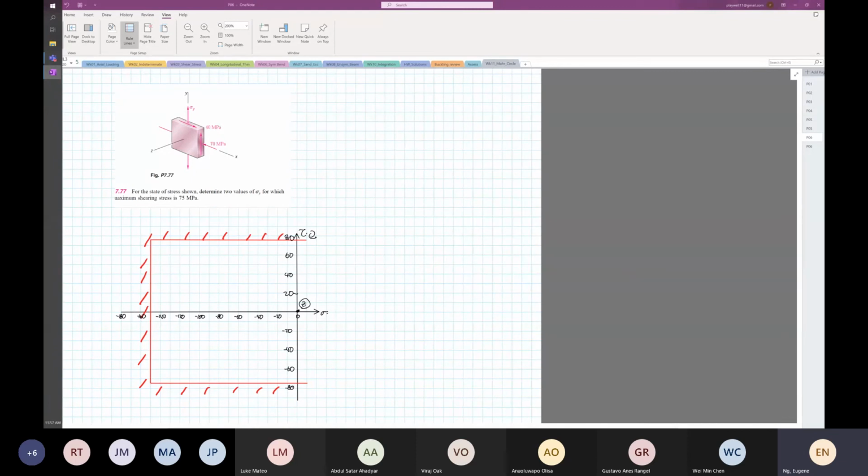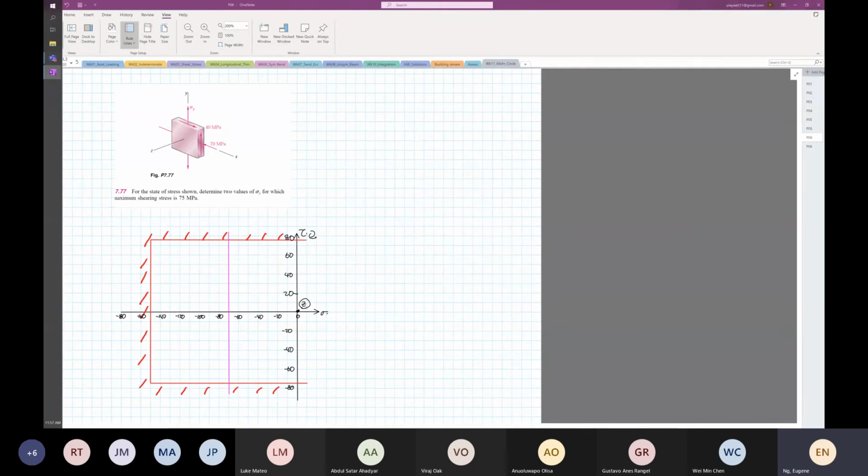Then we have our minus 70, and then we have our 40 line. You guys know that the 40 is the one at the bottom, so you have 40 here.